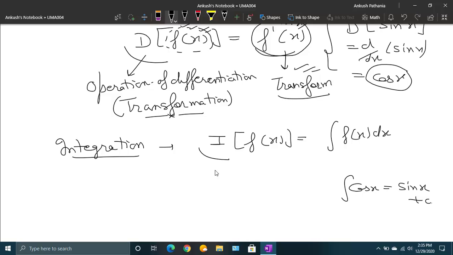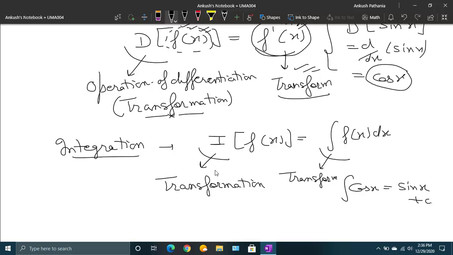So the operation of integration is a transformation, and after applying it, whatever you get is your transform. This is what transformation and transform are.